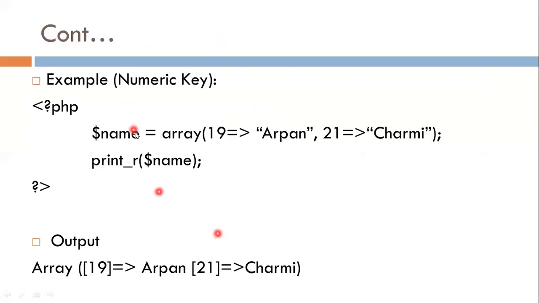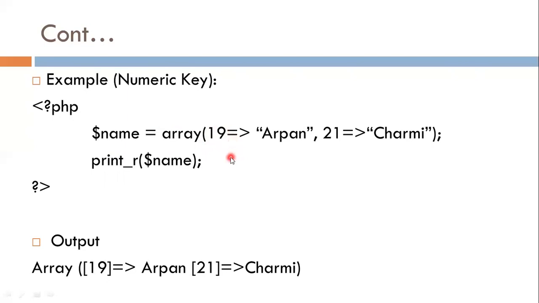For example, here I write one PHP script with a numeric key. In the PHP script I create one array variable, named $name, equal to, using the array function, I create an associative array. In the brackets I write the key, which is 19.